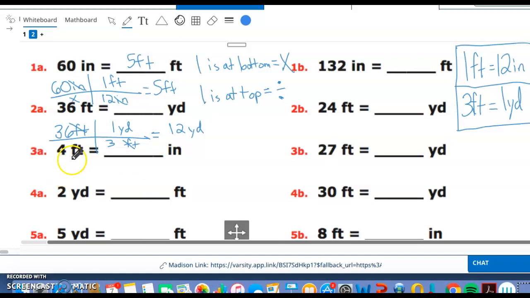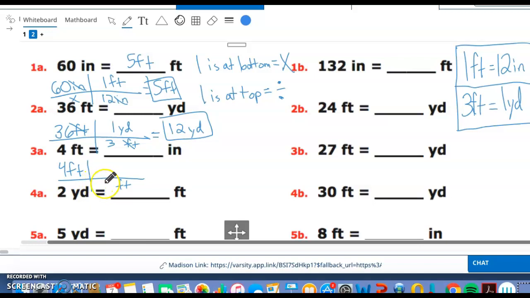Number 3, feet to inches. So I have 4 feet to inches. So I'm going to write out 4 feet. And I'm going to look for the conversion factor. 1 foot equals 12 inches. There's a foot here. So I'm going to put a foot down here so they can cancel.